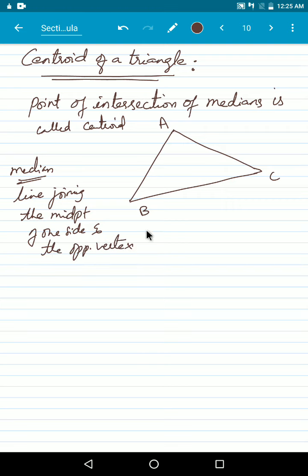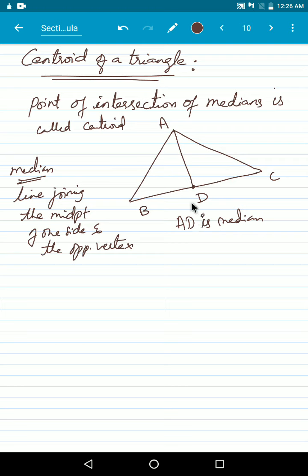Okay, see, BC is one side. If we find the midpoint of BC and take it as D, this midpoint is joining with the opposite vertex. Opposite vertex is A. Now this AD is called as the median of the triangle.